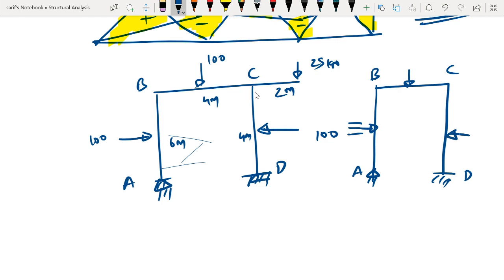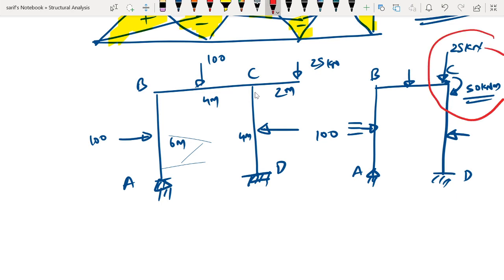So whatever the effect of the overhang has to be transformed as a 25 kilonewton acting on the column plus a clockwise moment of 50 kilonewton meter. That is, a positive moment of 50 kilonewton meter is going to act at C. So this step is very important. To do the moment distribution, this transformation of the overhanging portion to the equivalent moments and force is very important.